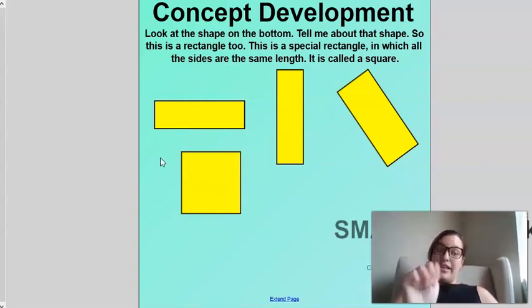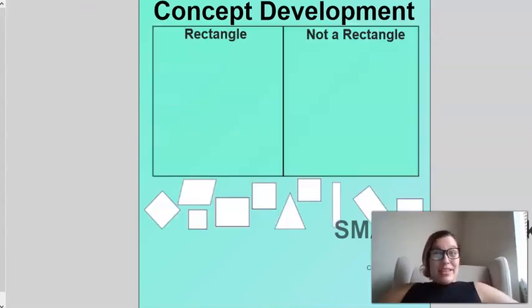When we have 4 sides, 4 corners, 4 points, but the length of the sides are different, like we have 2 long and 2 short, that is a rectangle.